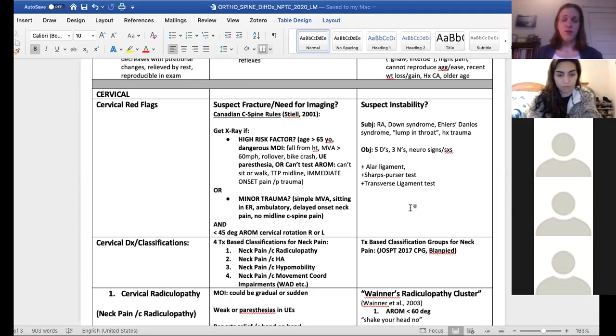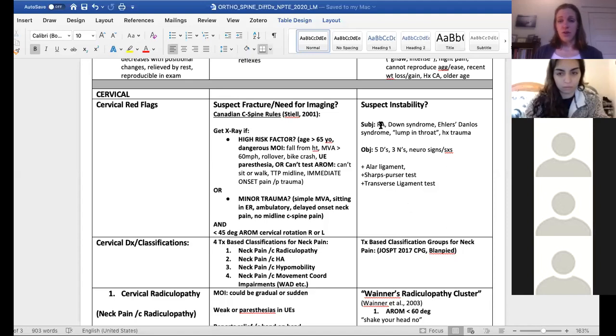The other thing we want to do is rule out upper cervical instability. A few things are going to predispose certain individuals to instability of the OA joints, specifically the atlantoaxial joint or occipital, C0, C1, occiput on atlas.